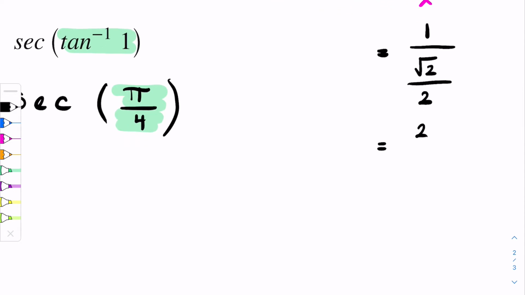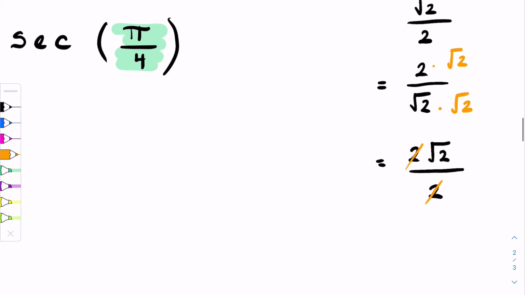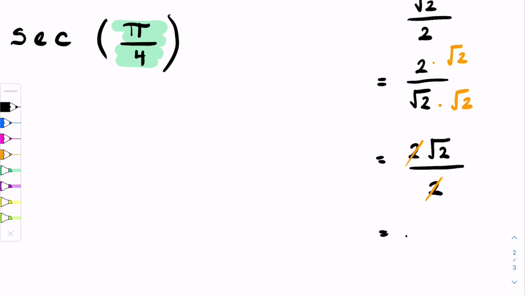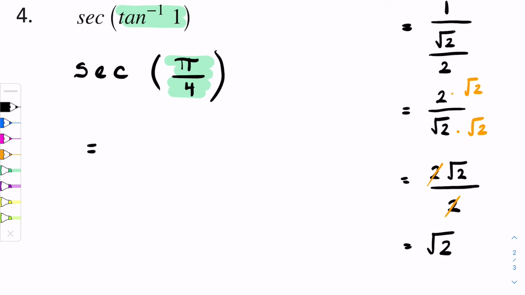That gives us 2 over the square root of 2. However, you can't have the square root of 2 in the denominator, so you multiply the top and bottom by the square root of 2, giving you 2 square root of 2 divided by 2, of which you cancel your values of 2, and you're left with the square root of 2. So all of that work gives us the solution for secant of pi over 4.